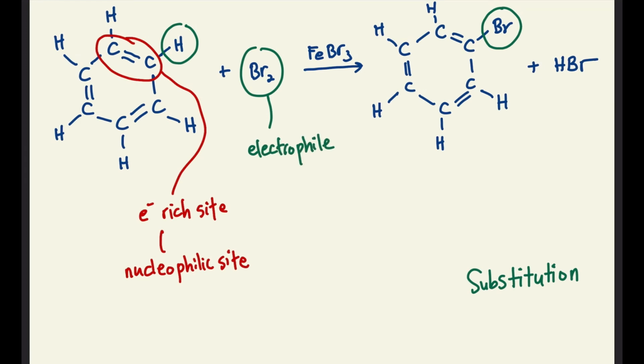Now, we can give the correct name for the type of the reaction based on what species attack our nucleophilic site, which is electrophile. Therefore, the name for the type of reaction is electrophilic substitution.